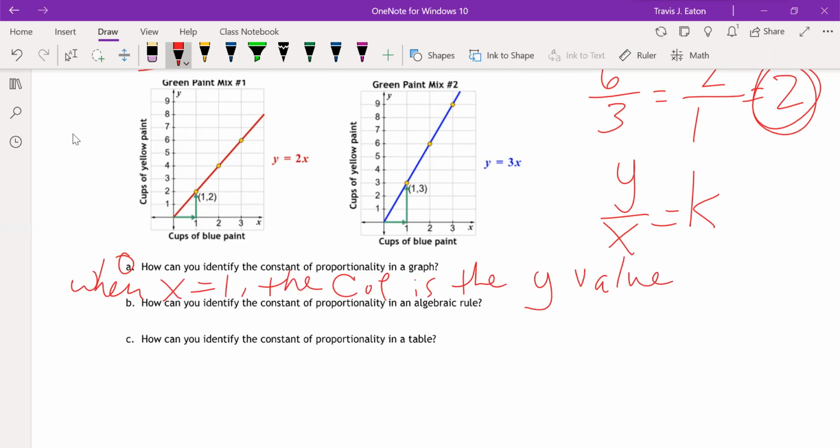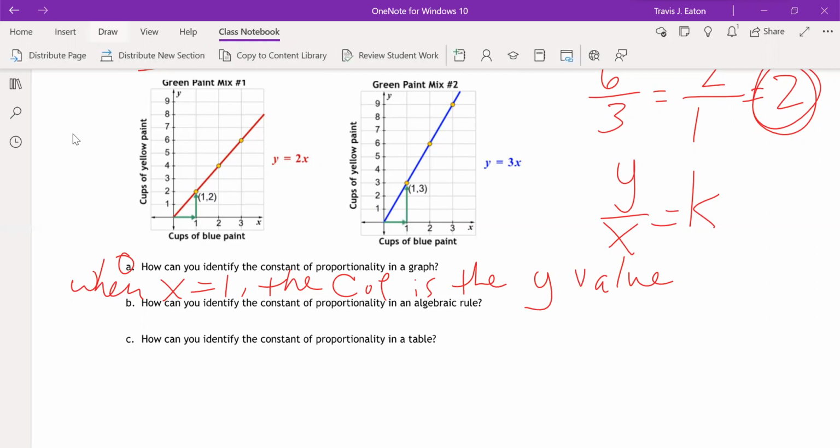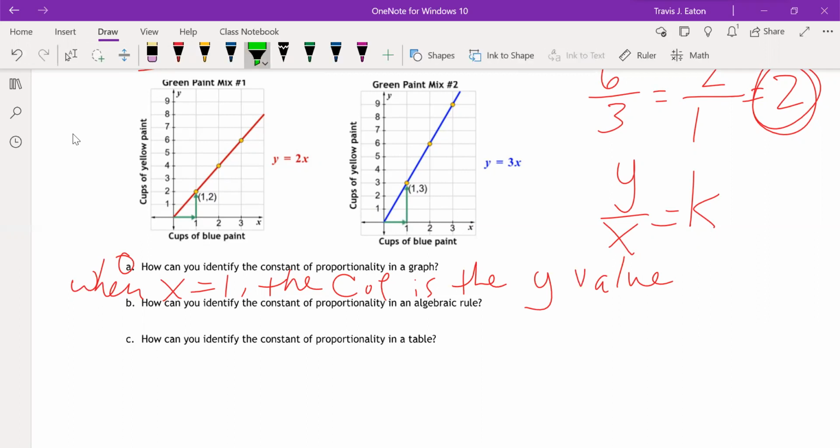Okay, so looking here, when we look, we find x to be 1, right? There's 1. We go up. How much is our y value? Well, our y value is 2. So this right here, the 2, when x is 1, that is our constant of proportionality.